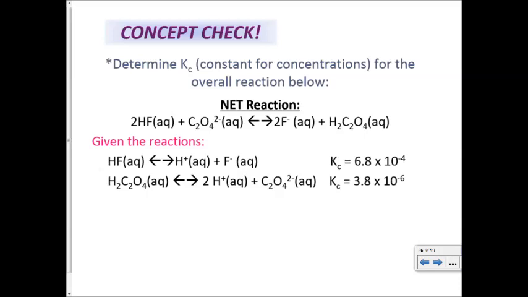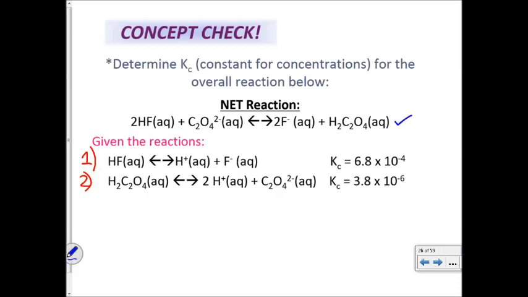The first step right here is just the dissolution of the hydrofluoric acid into its ions H plus and F minus. The second one here is taking your oxalic acid and dissolving it into its ions H plus and the C2O4. We want to make this overall reaction at the top here.